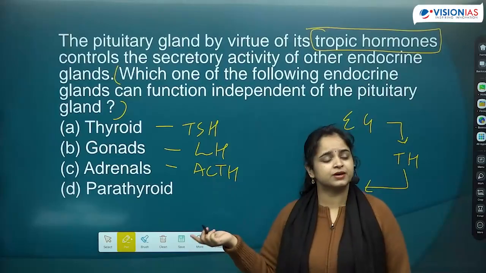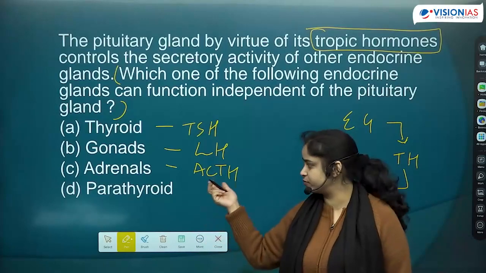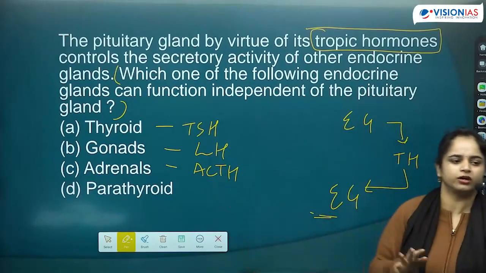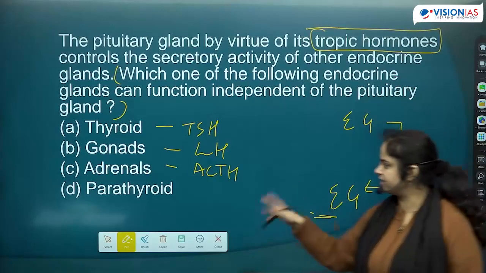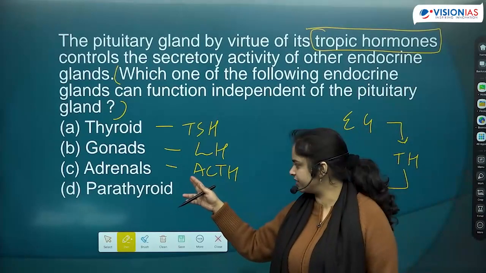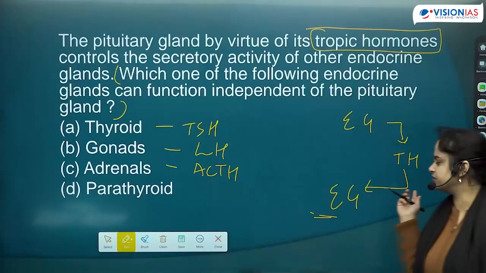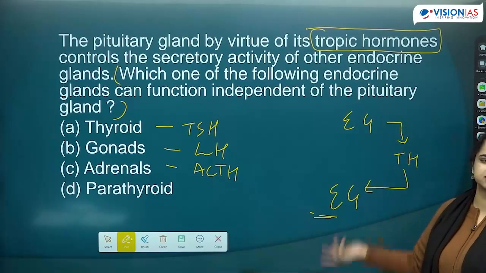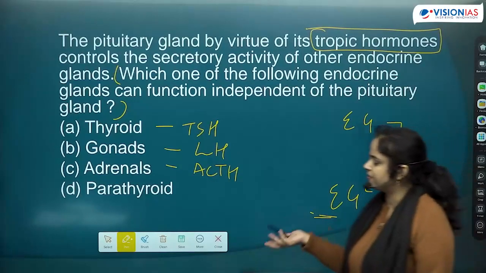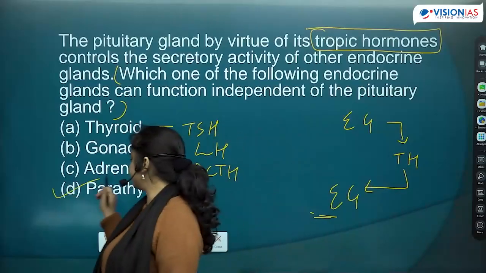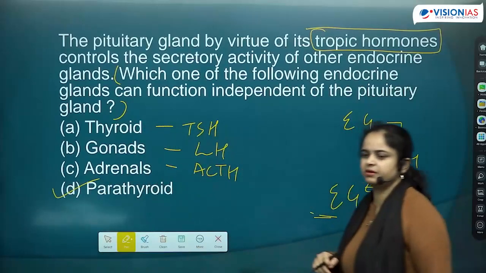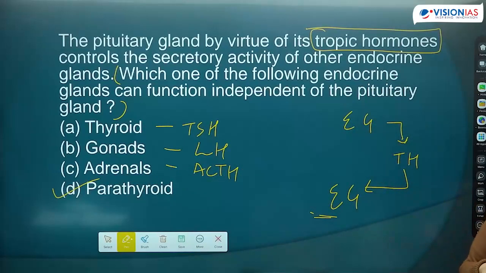Adrenocortico, because we had learned yesterday that this is supposed to be stimulating the adrenal cortex. So it is stimulating the adrenal cortex, hence adrenocortico, and because it's stimulating another endocrine gland, it is a trophic hormone. For parathyroid, we don't have any such hormone, so the answer is going to be parathyroid. Okay.